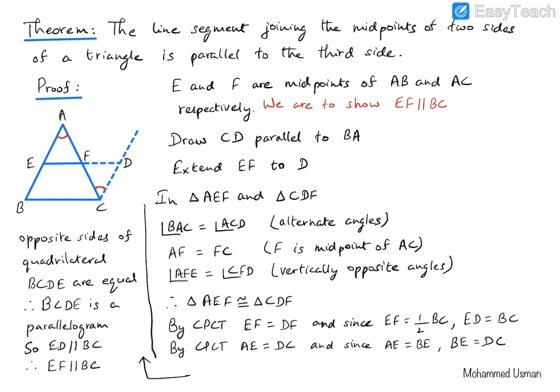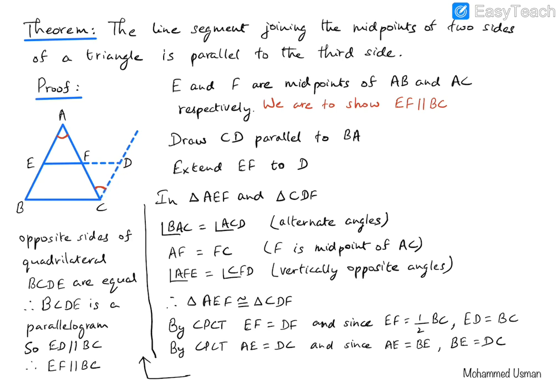First, to make this proof, we will draw another line CD parallel to the line AB. So we have the triangle ABC. To prove that EF is parallel to BC, we are going to draw a line segment CD parallel to AB, and then we will extend the line EF to the point D, where it intersects with the line CD.